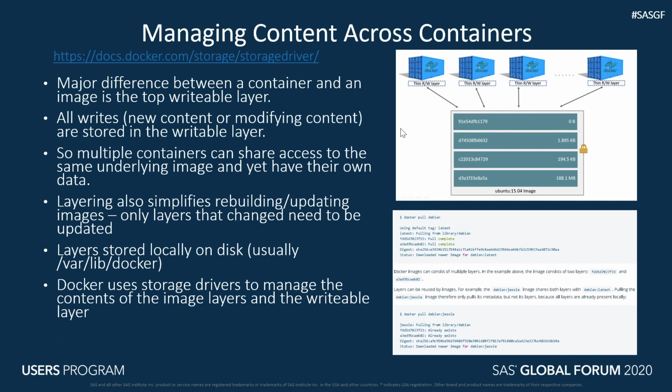Same idea with multiple containers. So the major difference again between a container and an image is that top writable layer. All writes or updates go into that top writable layer, and multiple containers can share access to the same underlying image and yet have their own layer. So layers also simplify rebuilding or updating images, meaning that only layers that change need to be updated.